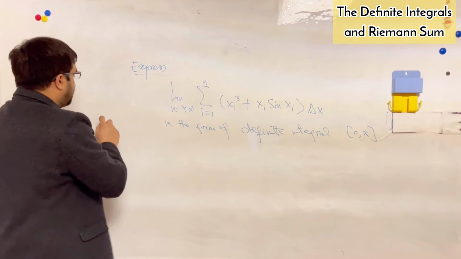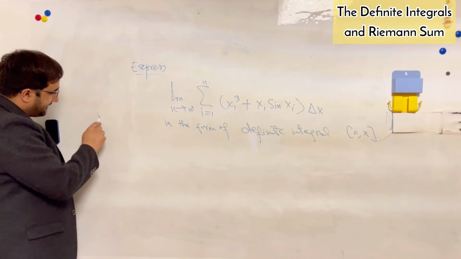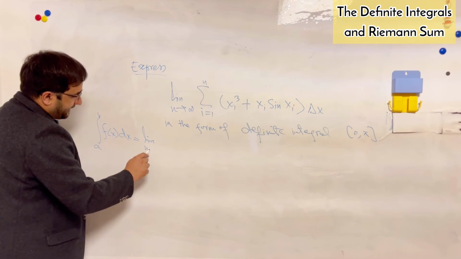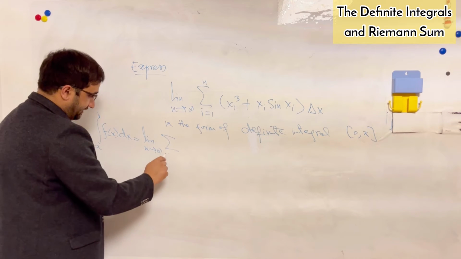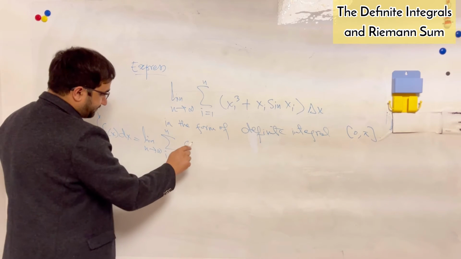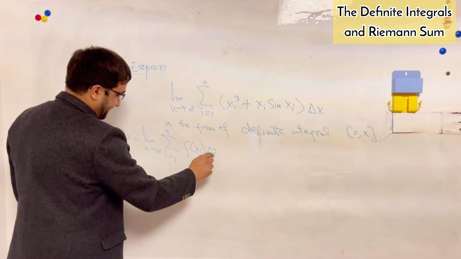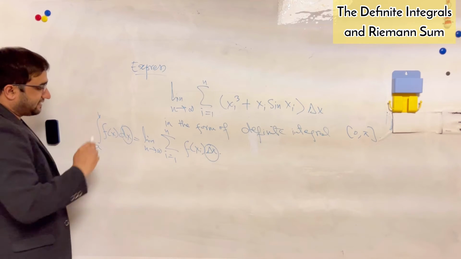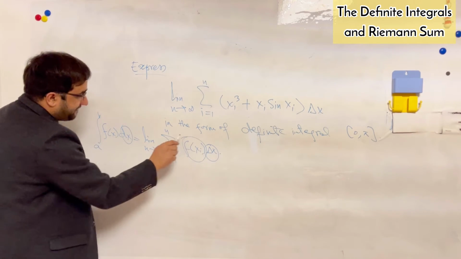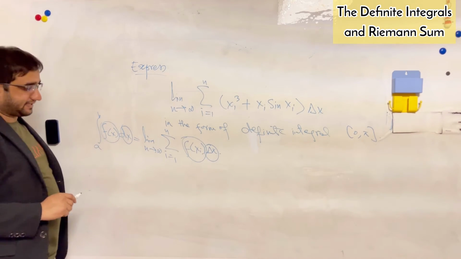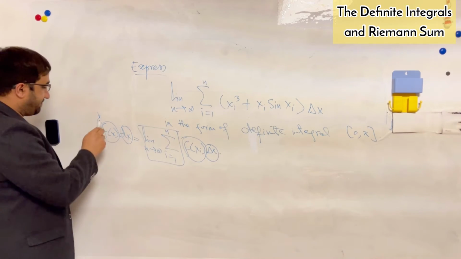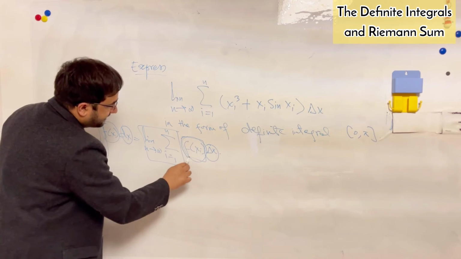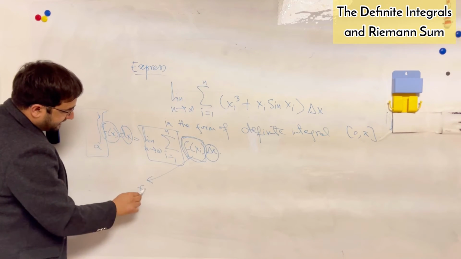If you go back to the formula, the integral a to b f of x dx is equal to the limit n approaching infinity of the summation i from 1 to n f of xi delta x. So what is happening? This delta x is replaced with dx, the function f of xi is replaced with f of x, and this whole summation is replaced with the integral symbol.